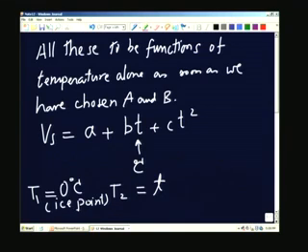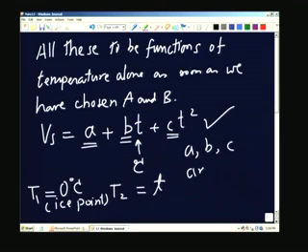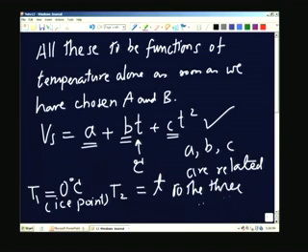And the coefficients A, B and C are related to the three effects.